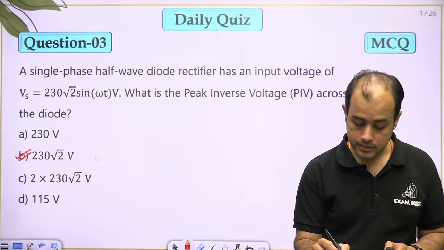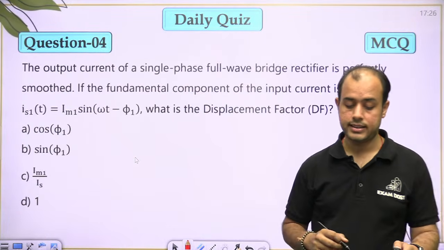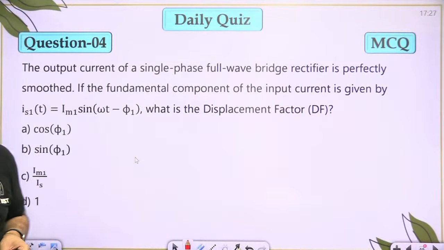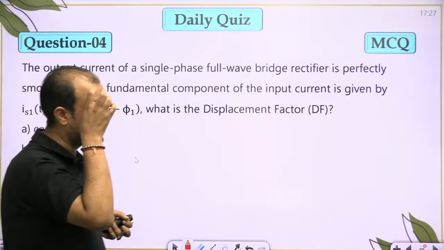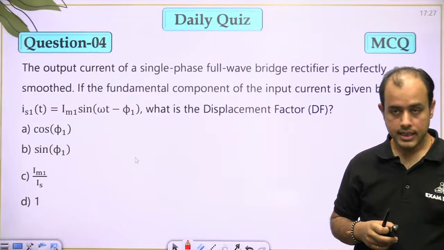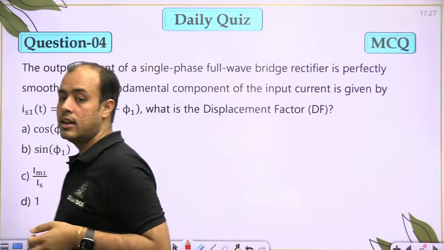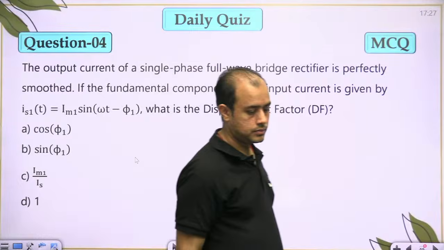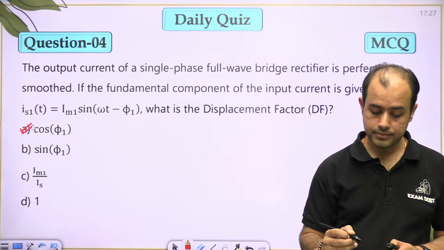VM. PIV is equal to VM. चलिए next. Output current of a single phase full bridge rectifier is perfectly smooth. Fundamental component of input current is given. What is the displacement factor? If this is the fundamental component of the source current, what is the displacement factor? Cos phi 1.